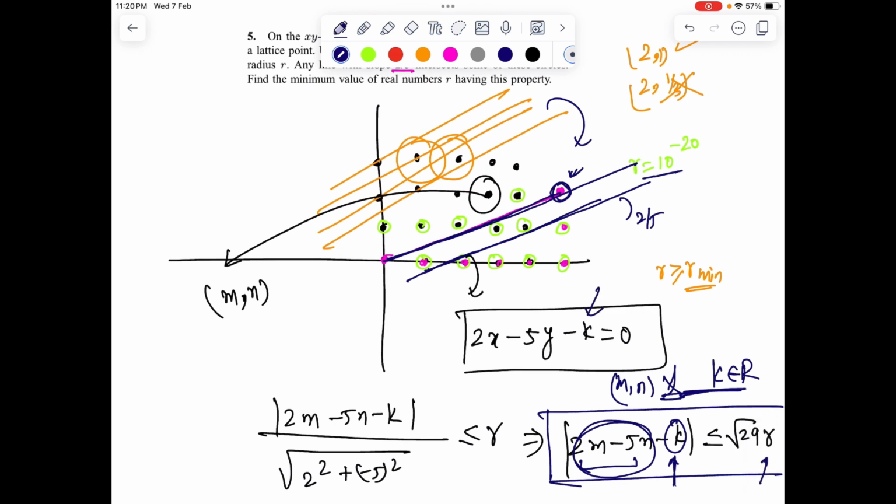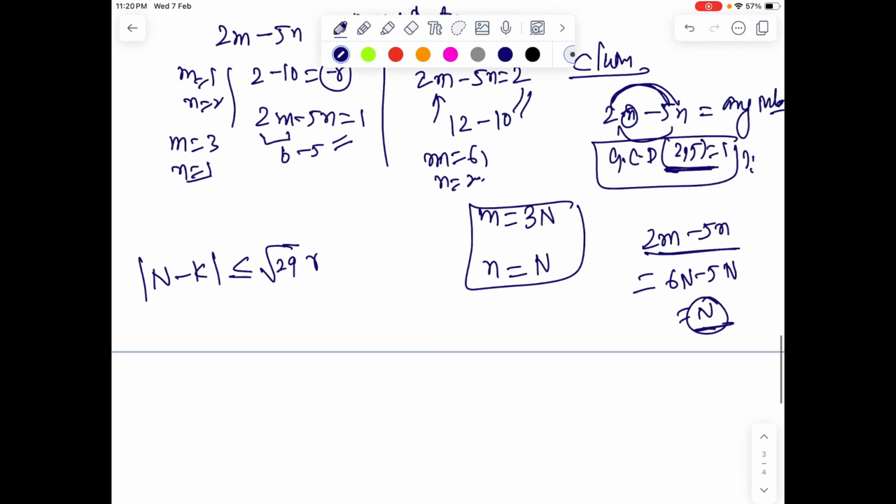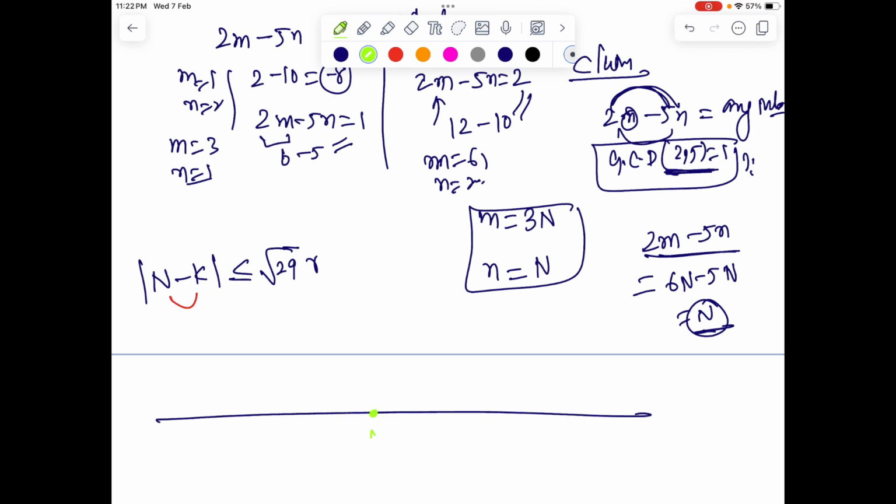Now what does n minus k represent? Clearly k is a real number, because it's the intercept of the line. So on this real number line, for any real k, there is an integer point n. Let's go to the real number line and check what this integer point will look like.